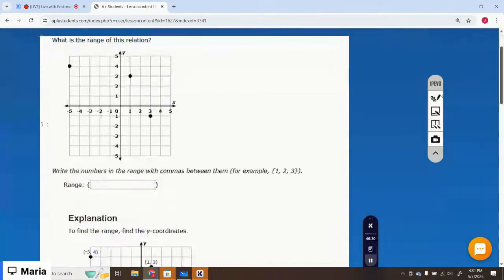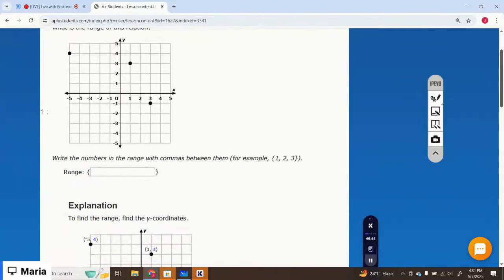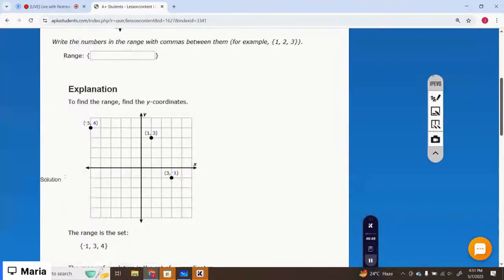What is the range of the relation? Domain is the x values and range is the y values.